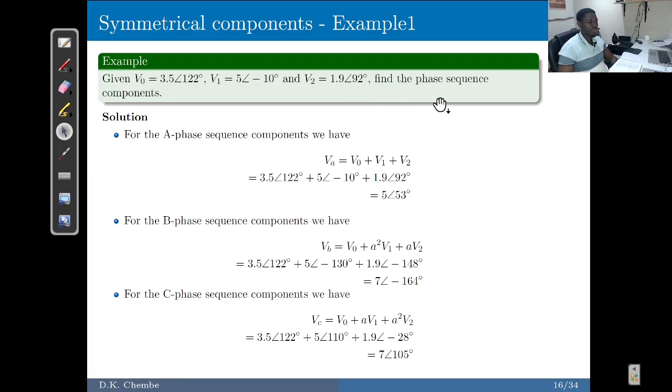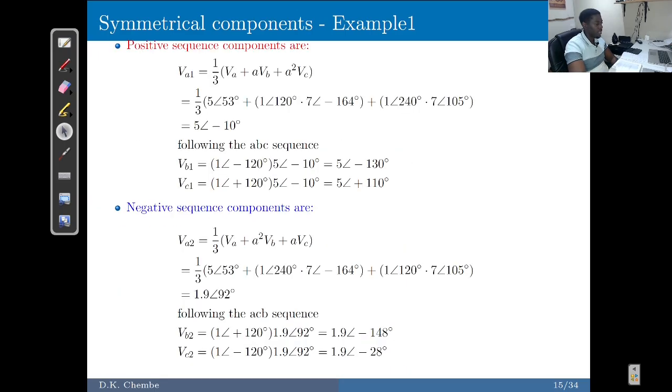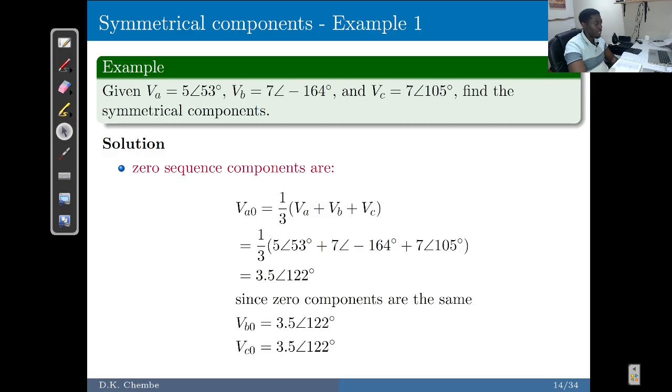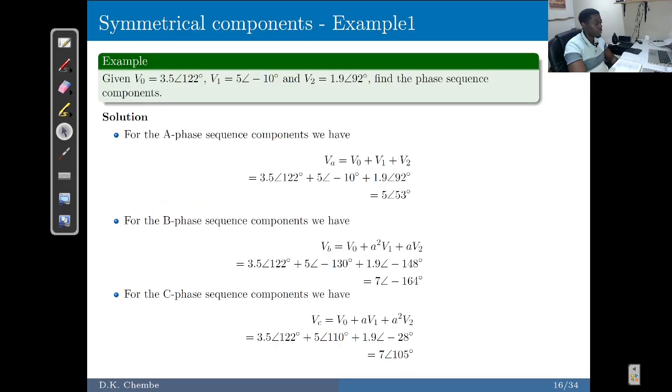And you've been asked to find the phase components, the phase voltages.